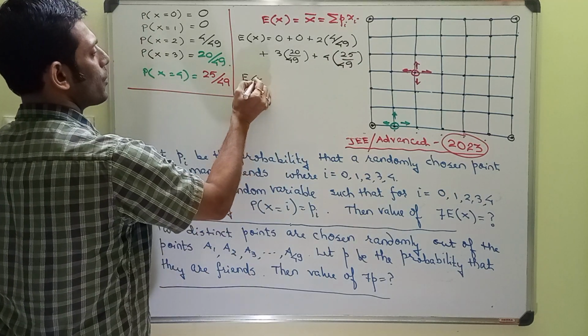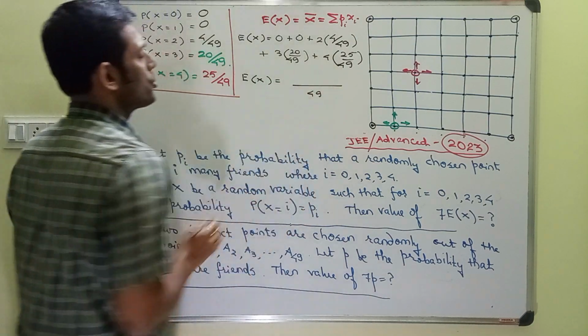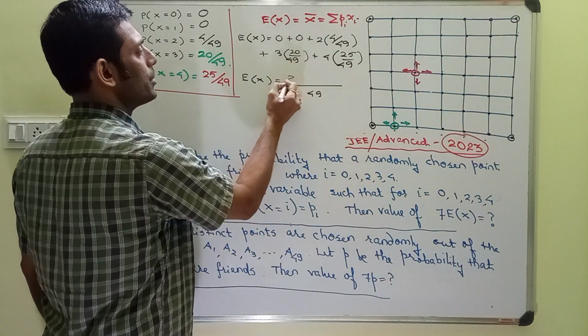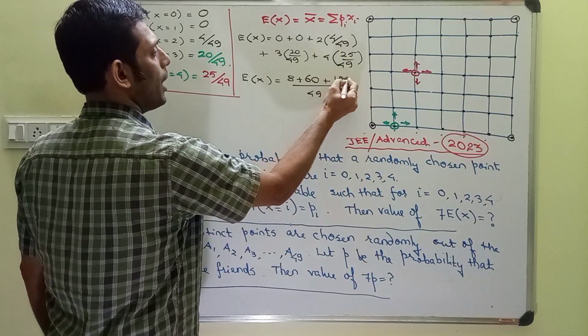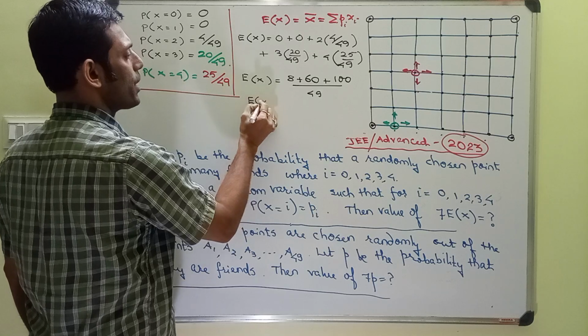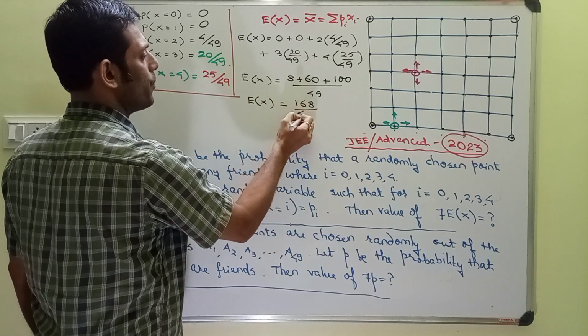Therefore, expectation value will be equal to all upon 49. Let's take the summations. 8, 60, 100. That means E of X value is equal to 168 by 49.